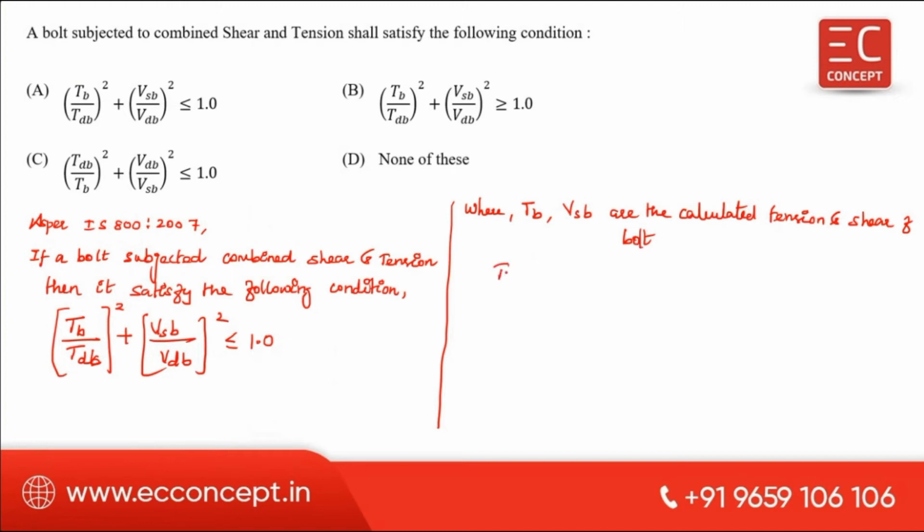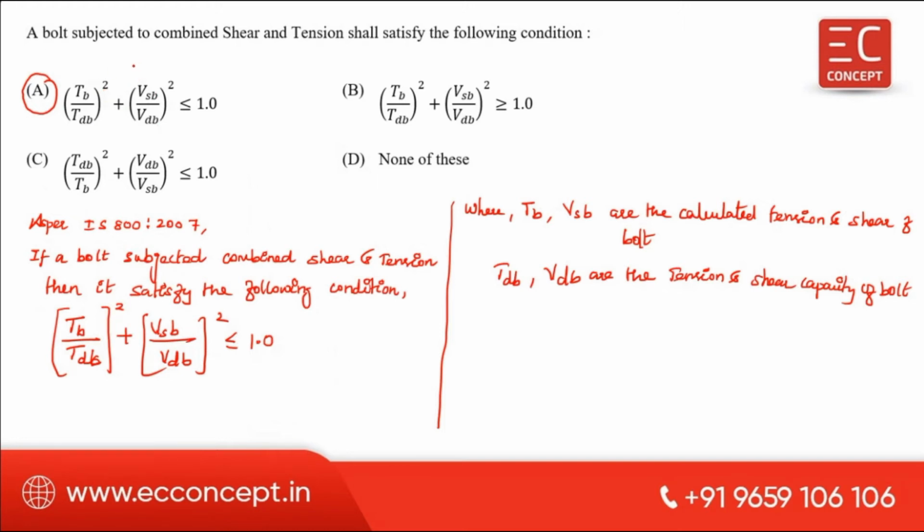Next, Tdb and Vdb are the tension and shear capacity, that is the ultimate or maximum limiting capacity of the bolt. So this is the interaction equation, so you have to keep this in mind. It is a repeated examination question in most state government as well as central government examinations.